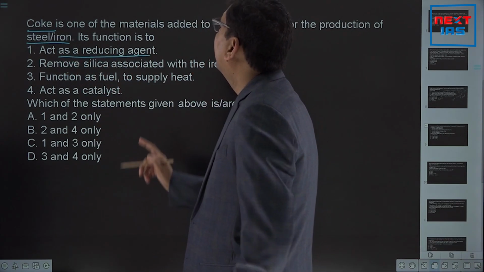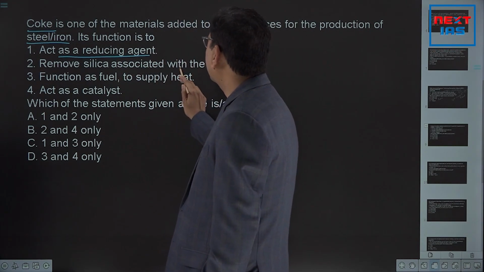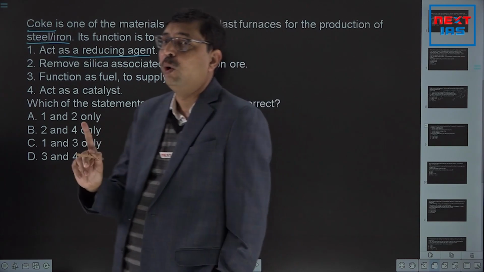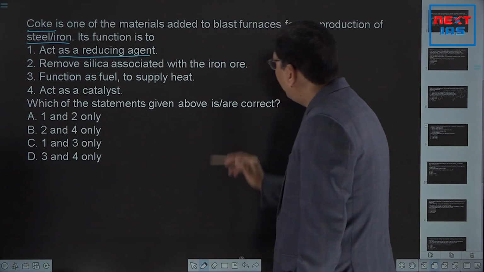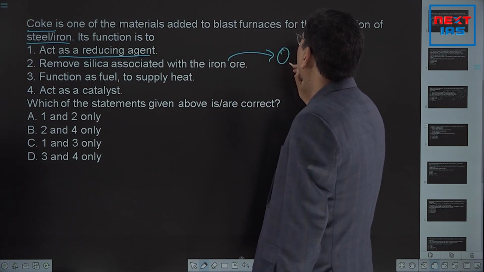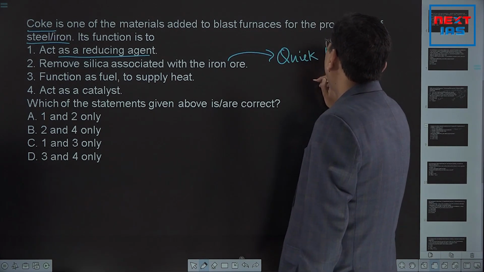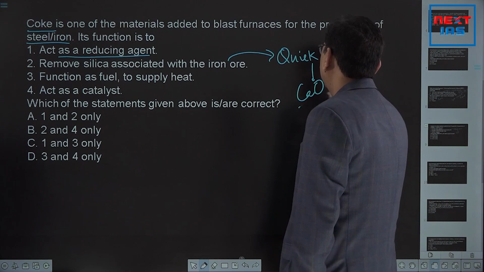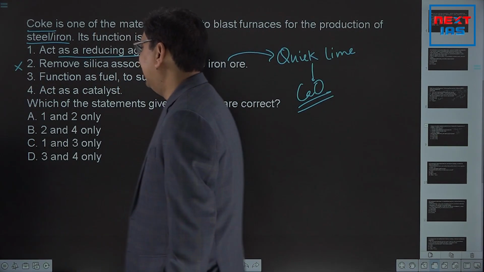Wonderful. Then the second one is remove silica associated with the iron ore. No, coke does not remove silica. For the removal of silica from iron ore, we use quicklime, known as calcium oxide. So statement number 2 is wrong.